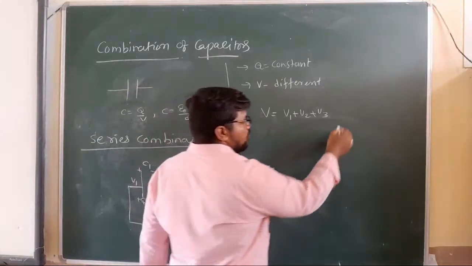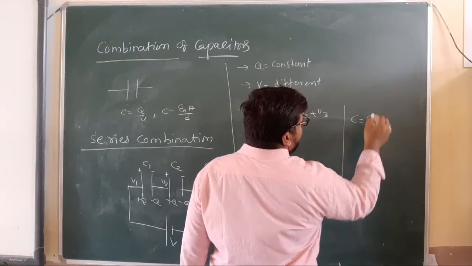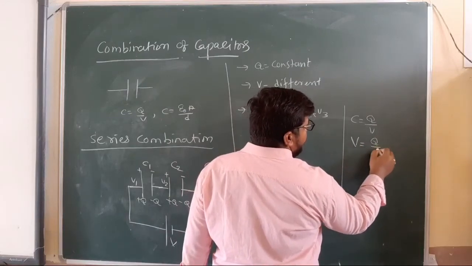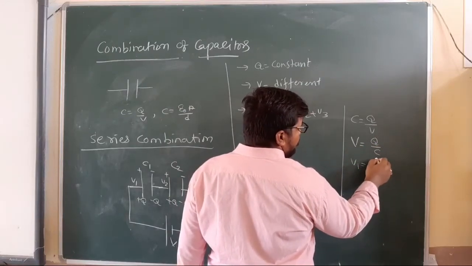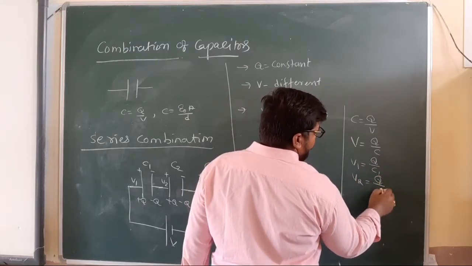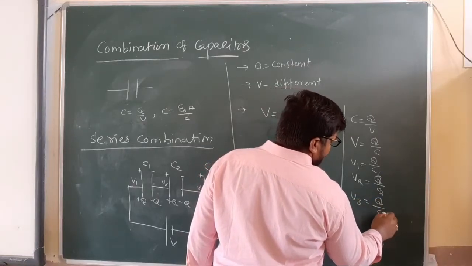So we know that C is equal to Q by V, so V is equal to Q by C. Then V1 is equal to Q by C1, V2 is equal to Q by C2, V3 is equal to Q by C3.